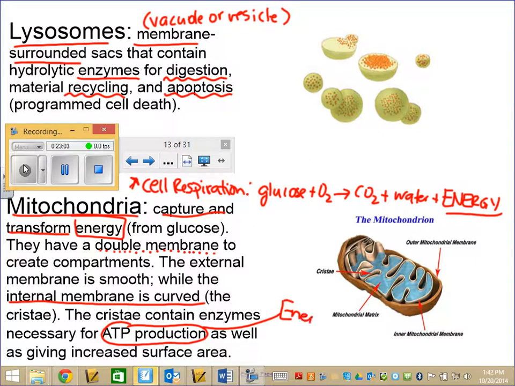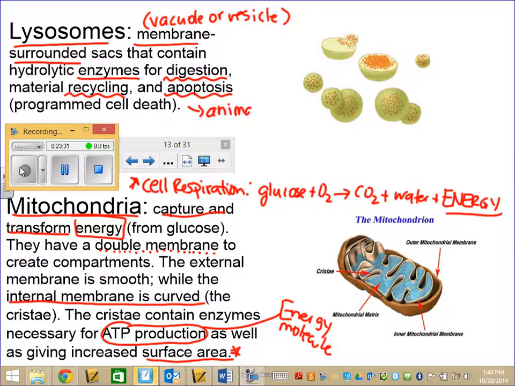That is your energy molecule. The other thing that wavy line does is give more surface area, and that's actually a topic we'll discuss in just a few lessons, so I'm mentioning it now so that when we talk about surface area, I can come back to this point.